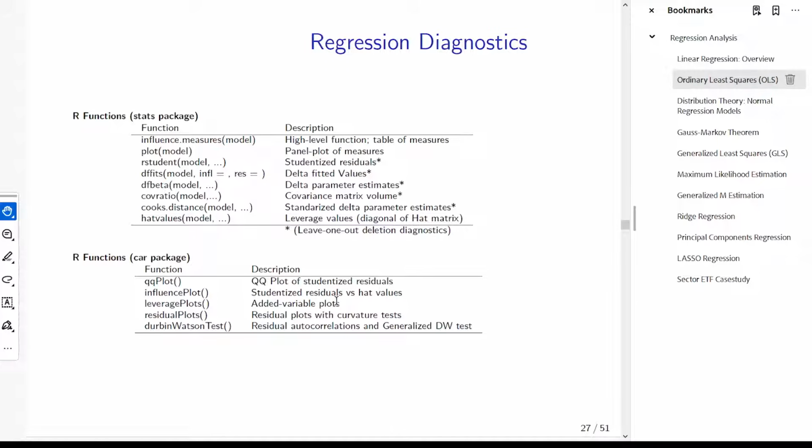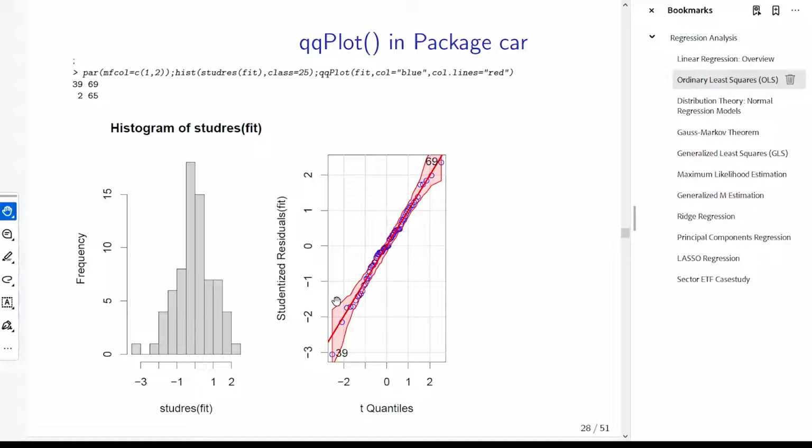And then there are other statistics, like how much the regression parameter changes if we include or exclude different data points, different cases in the data. So let's just see some of the results. Here are the studentized residuals for this regression model.